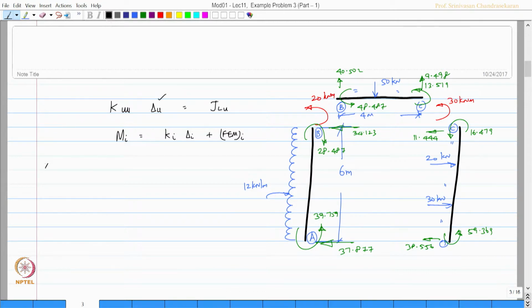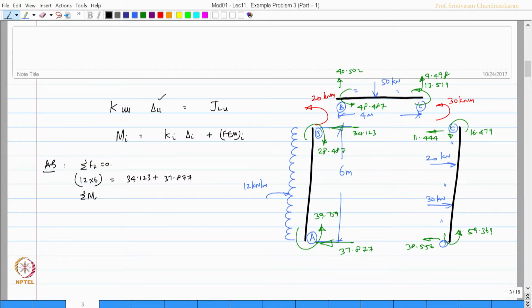Let us take the span AB. So, let us say sigma Fy should be 0. So, one can see here 12 into 6 is actually equal to 34.123 plus 37.877.